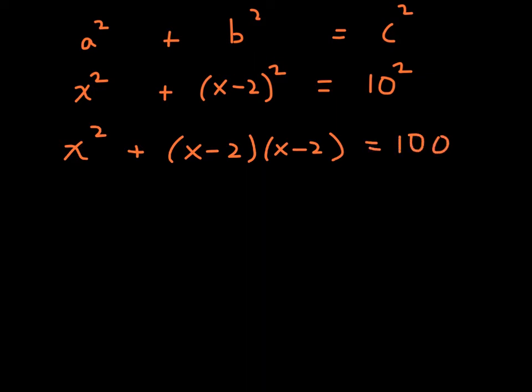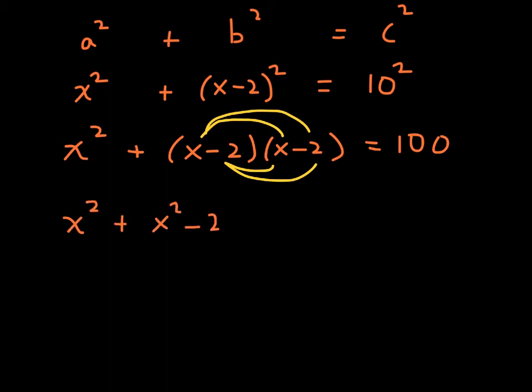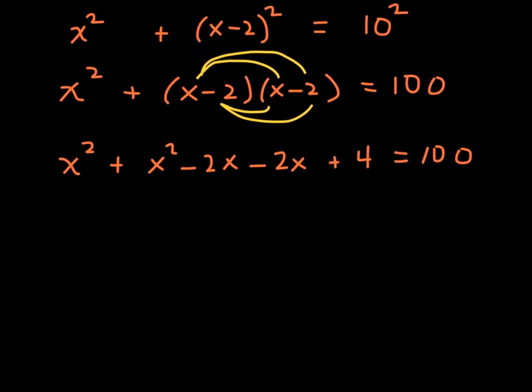What I'm going to do here is what some people call FOIL. Okay. And so what I have now is 1x squared out front plus x squared minus 2x minus another 2x plus 4 is equal to 100. Now, because this is quadratic, I'm going to set this equal to 0, which means I'm going to subtract 100 from both sides, which means subtracting 100 from 4.